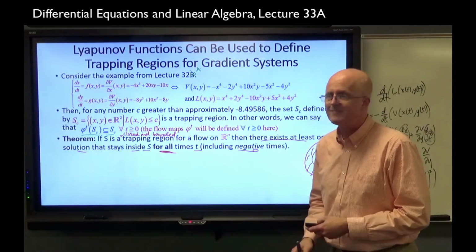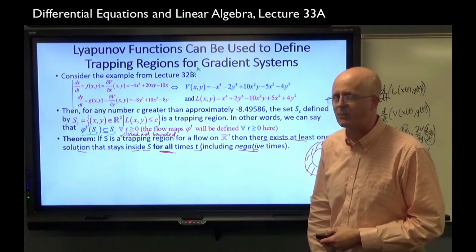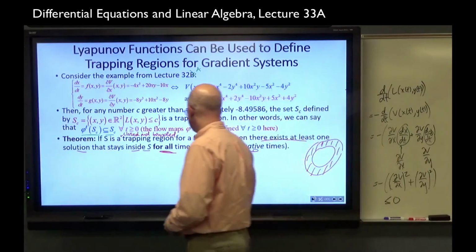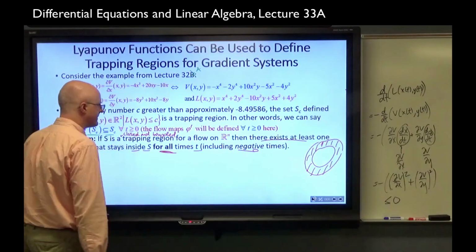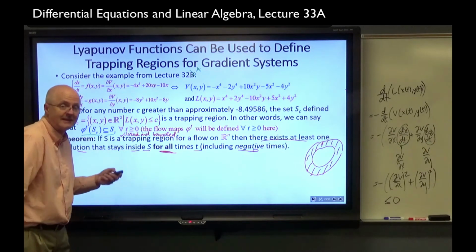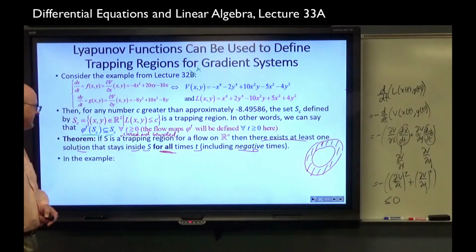Otherwise, there'd be an equilibrium point in it as well if it wasn't ring-shaped. In higher dimensions, weird things can happen. The set of solutions that stay inside the trapping region for all time could be some strange object. In fact, they were even called strange attractors.